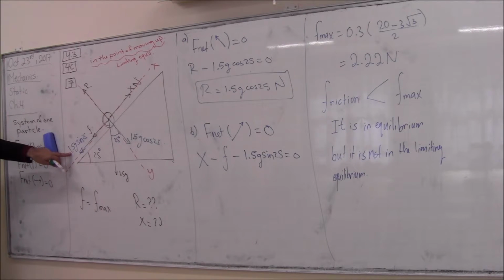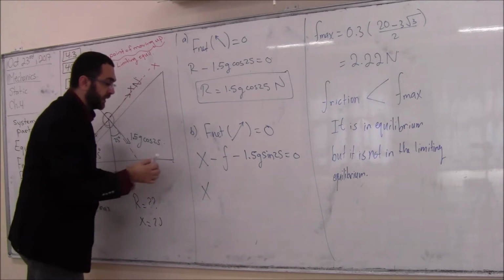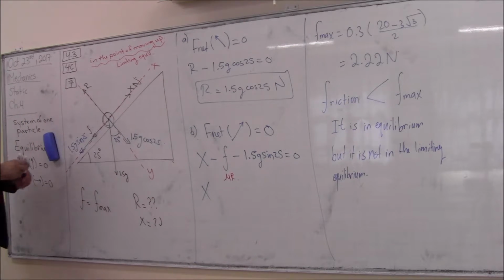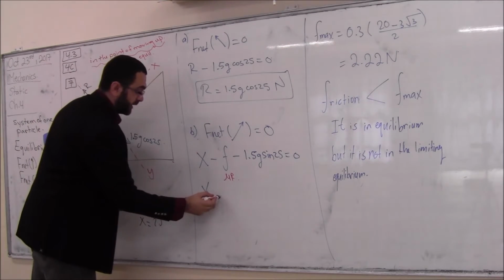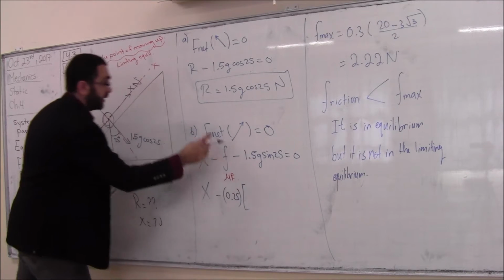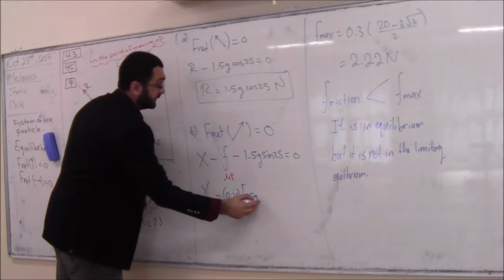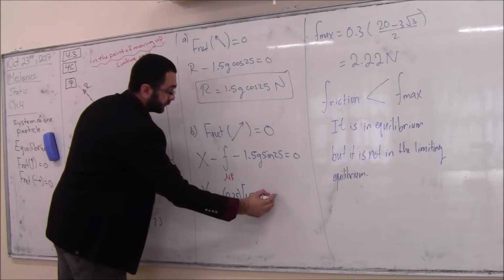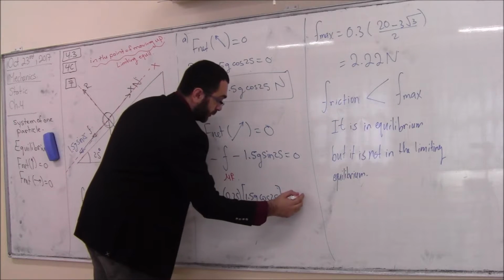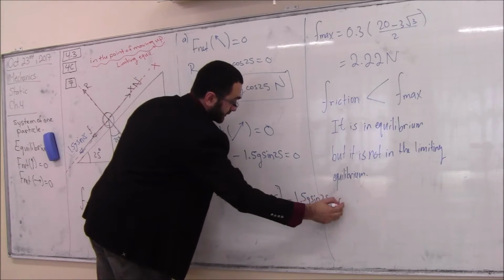Clear? What is the friction? Friction equals mu R. Mu is 0.25, so X minus 0.25 times 1.5g cosine 25, minus 1.5g sine 25 equals 0.